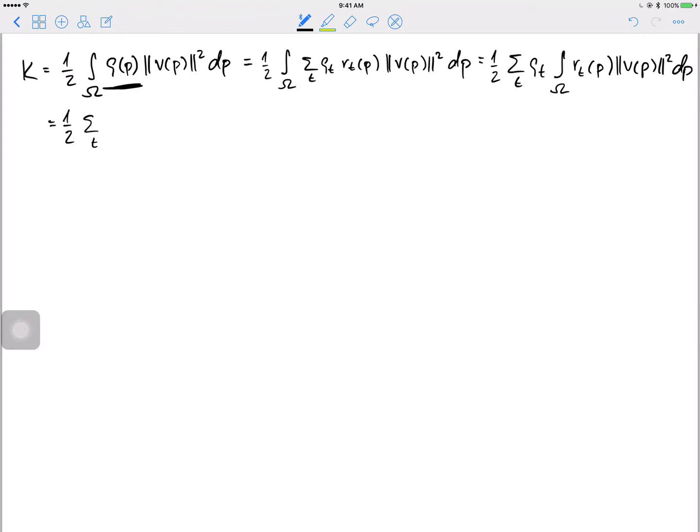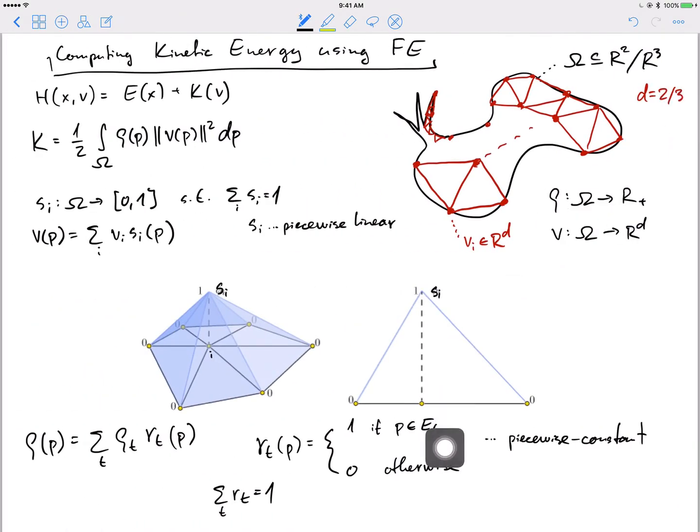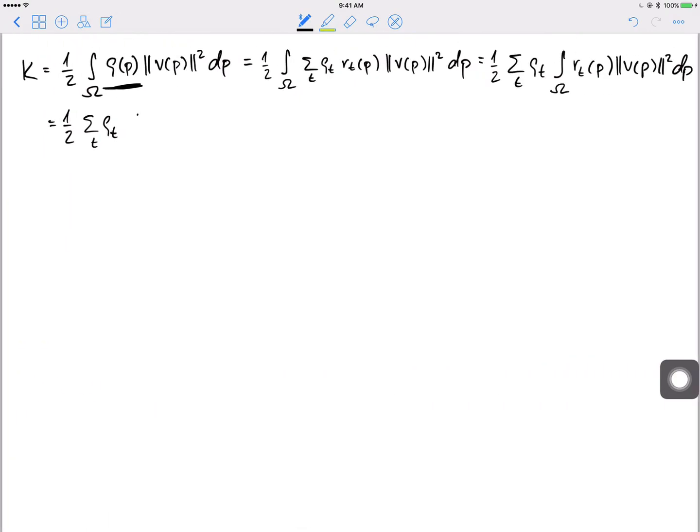So all that really means is that this thing can go away, and I need to integrate just over my element, I call this E t. So I'm just integrating over one triangle, or tetrahedron, and I'm integrating just this piece, the squared norm of the velocities. That's because this is 0 everywhere except for that one triangle and 1 on that triangle. So that's why I can simplify it like this, okay?